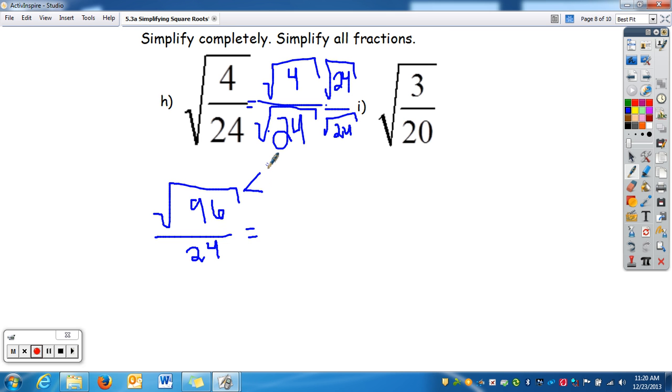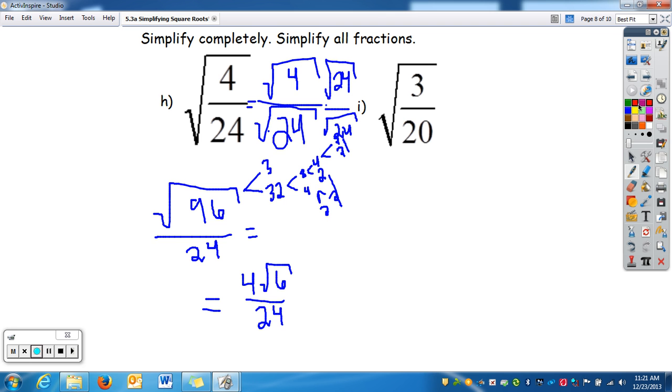Then 96, you can split this up, 3 and 32, 8 and 4, 4 and 2, 2 and 2, and 2 and 2. Alright, so I have pairs of 2's, 2 times 2, which is 4, square root of 6, and a 2 and a 3 separate, and then I still have that 24 on the bottom.